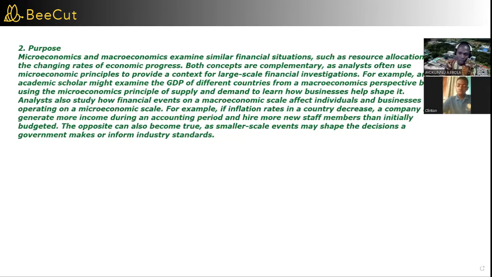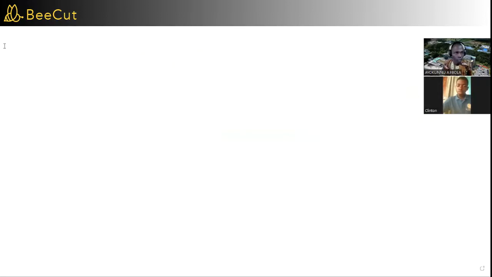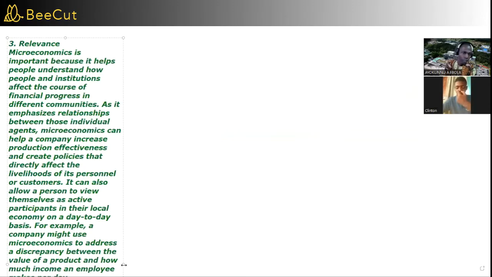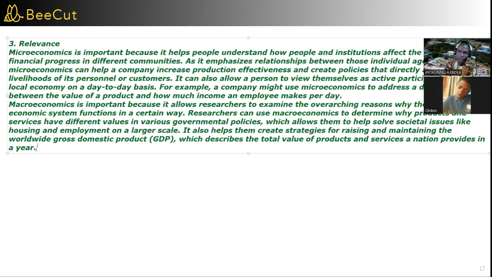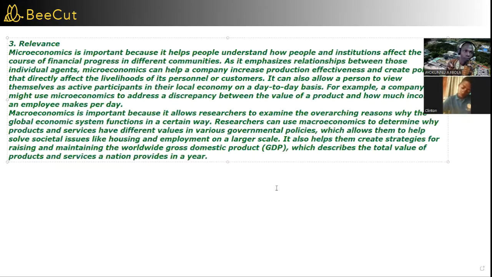So let's look into this. The next one, like I said, is the relevance study. Microeconomics is important because it helps people understand how people and institutions affect the course of financial progress in different communities.